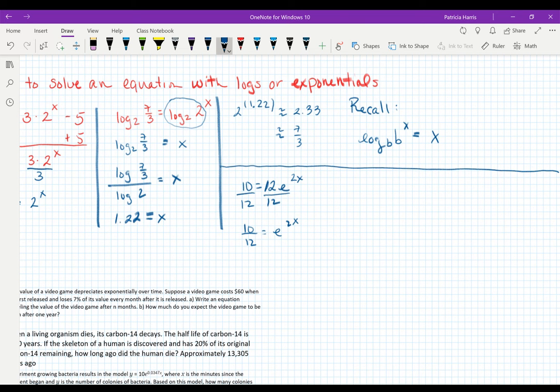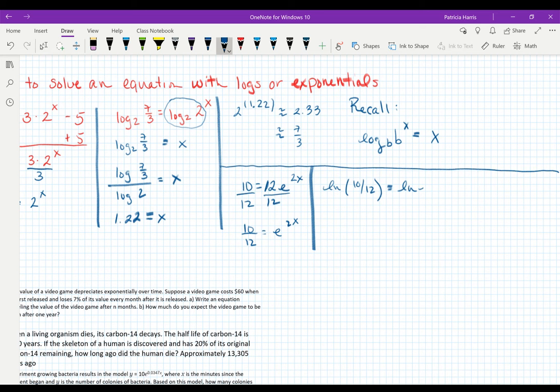Again, I want to get that x variable down to the bottom where I can work with it. So instead of writing log, I'm going to use ln, because that would be a base match. So take the ln of both sides. And again, this is really weird, especially if you haven't done this before.